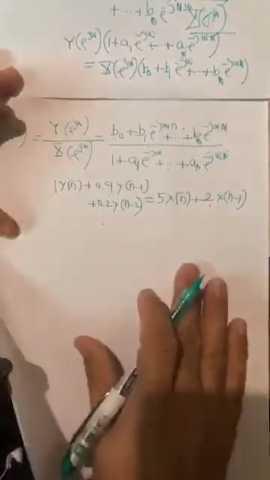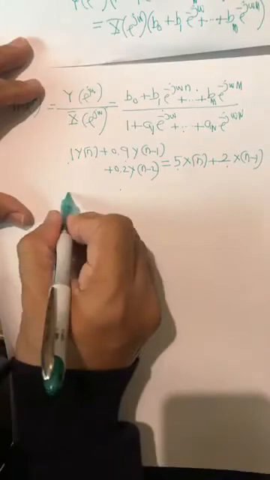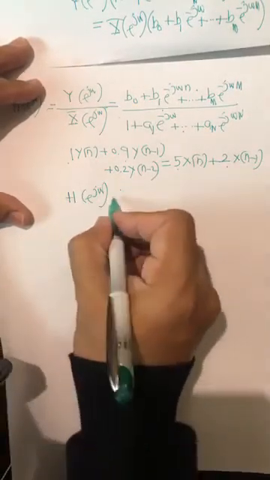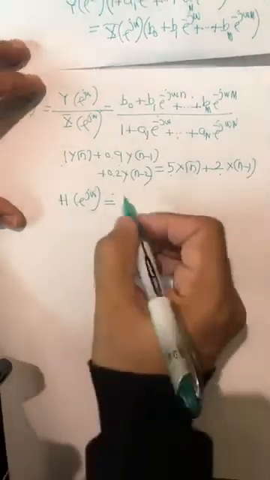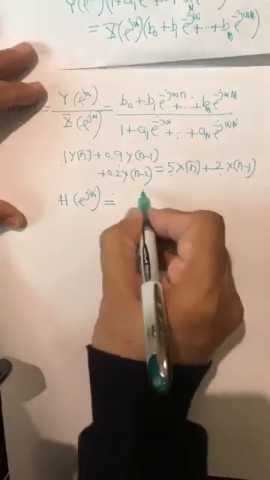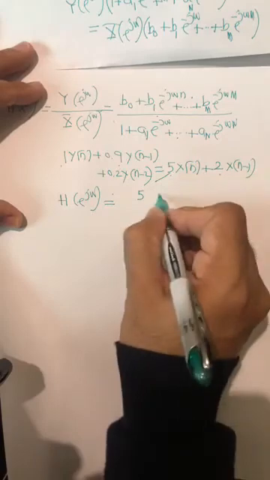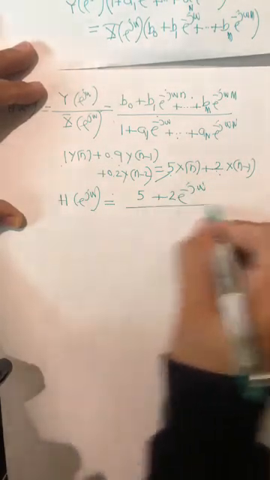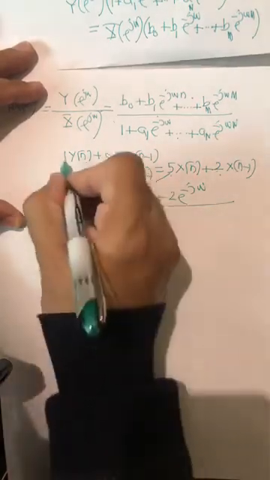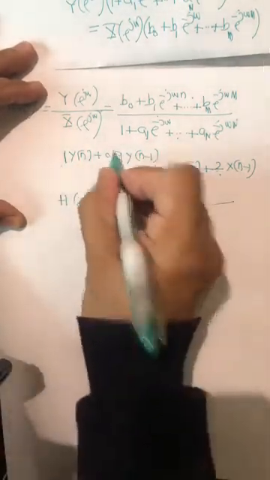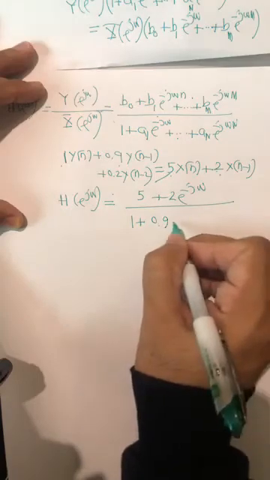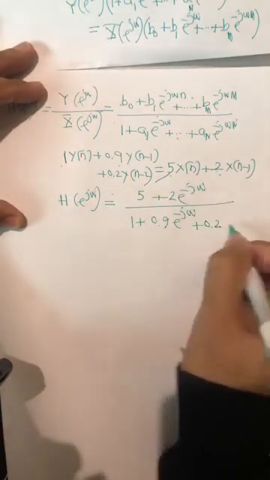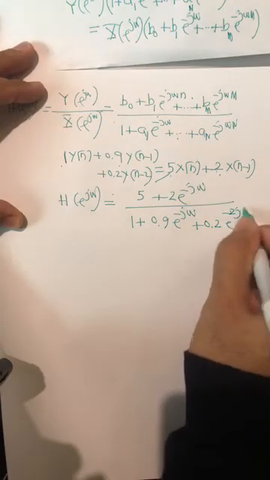By just looking at the equation, I can write H(e^{jω}) is 5, plus 2 e^{-jω}, divided by 1, plus 0.9 e^{-jω} plus 0.2 e^{-2jω}.